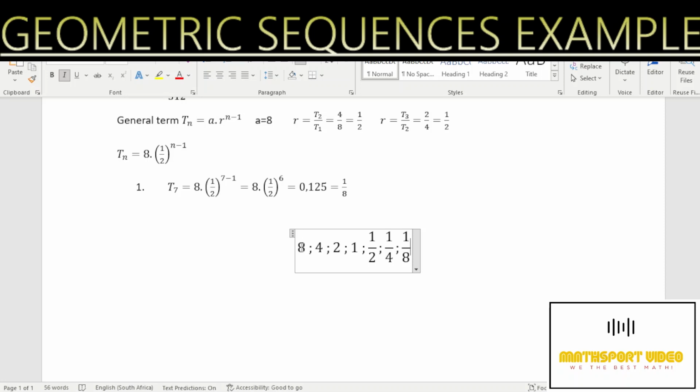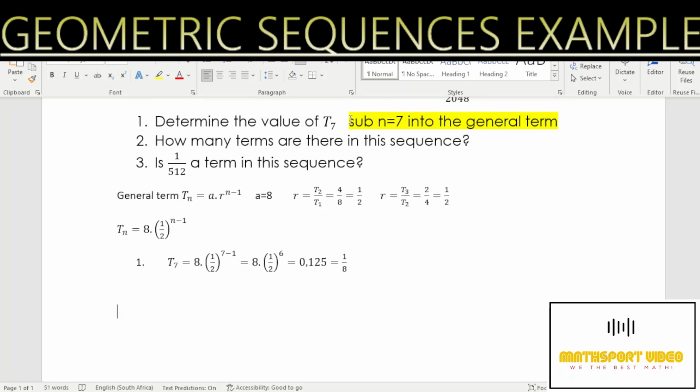If you count 1, 2, 3, 4, 5, 6, 7, you will see the 7th term, in fact, is 1 over 8. Hopefully you can now see that there are 2 ways you could have done this. You could have substituted into the general term, or you could just continue with the pattern, and that can also give you the correct answer.